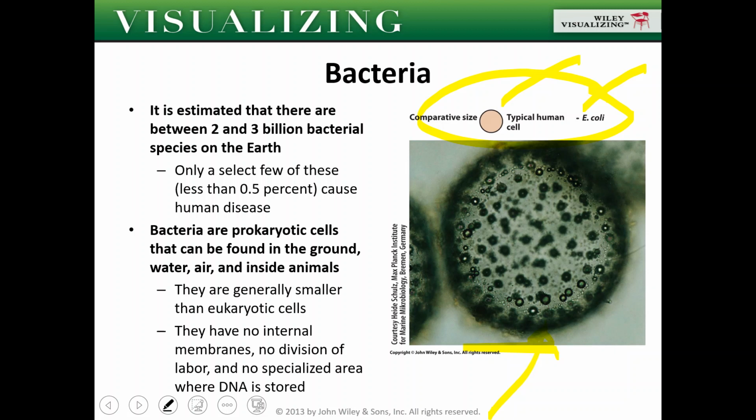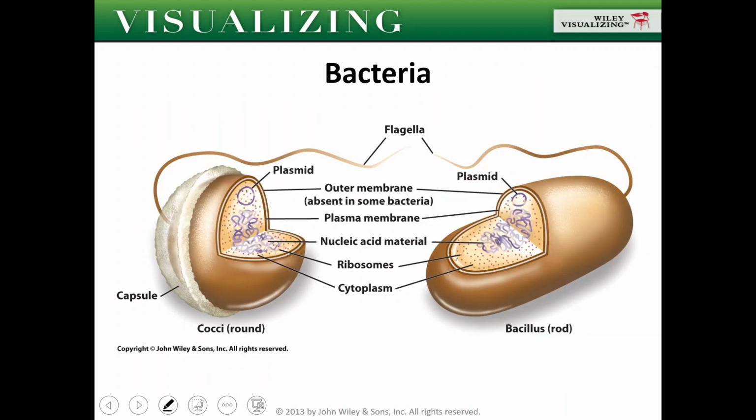They're found in Antarctica. They do not have any internal partitioning, so no membranes. As I mentioned, they don't have a nucleus. They don't have membrane-bound organelles. They do have cytoplasm, cell membrane, DNA, and ribosomes. So here you can see a typical structure of a bacterial cell.